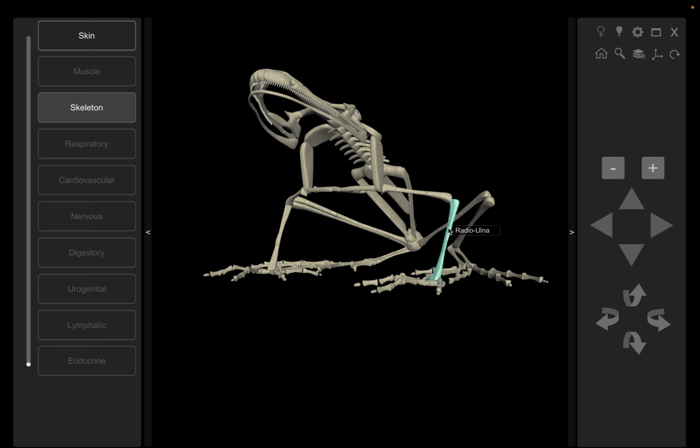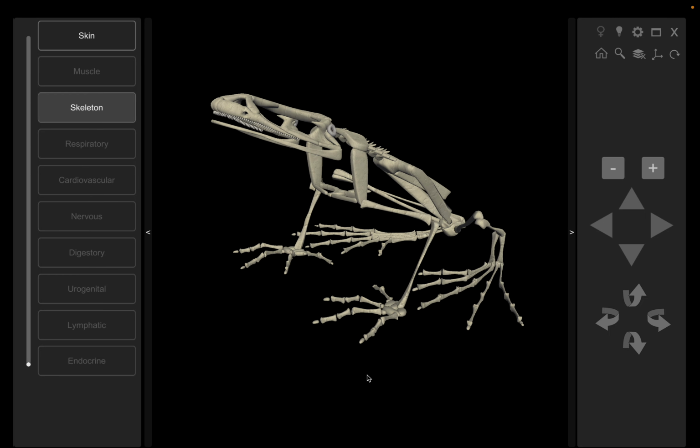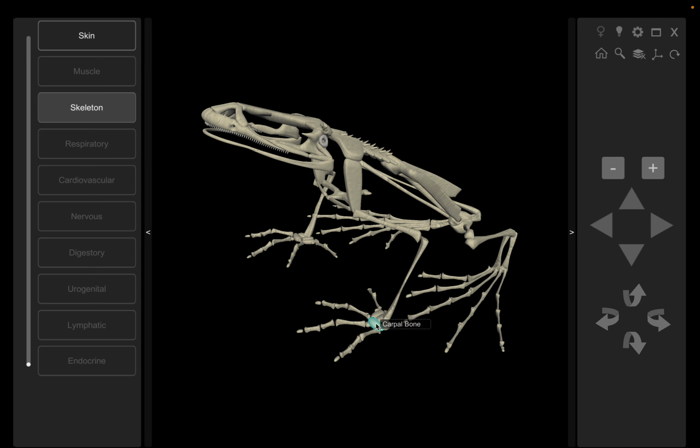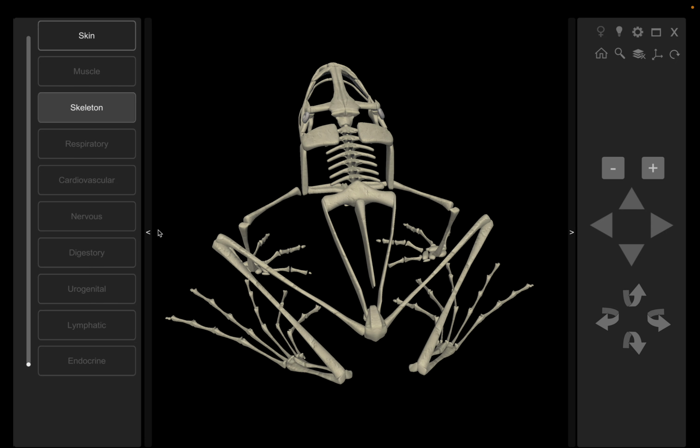Then we have the carpals, the carpal bones, which comprise the wrist portion of the model animal. And then we have the metacarpals, and of course, our phalanges. On the other side, it's the same grouping of bones.